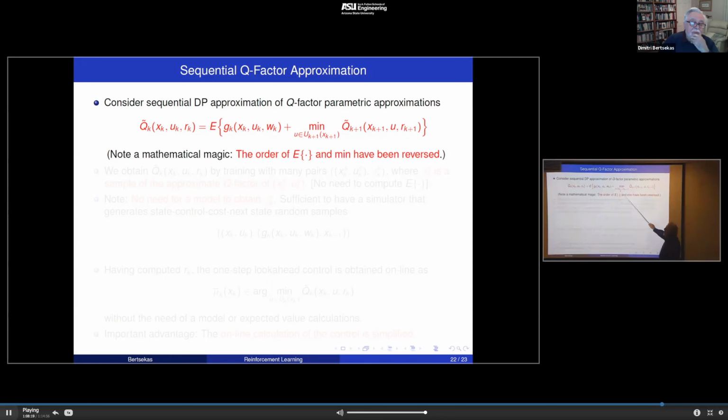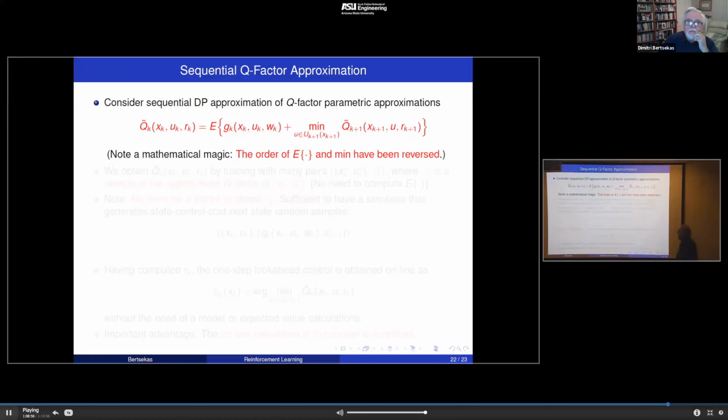So you go backwards starting from the end, and first determine an approximation, you determine Rn minus 1, at the next to last stage, and then use that to determine a set of parameters for stage n minus 2, and so on. Now, this involves also an expectation, and it involves also a minimization. But there's a nice thing here: the order of expectation and minimization has been reversed.